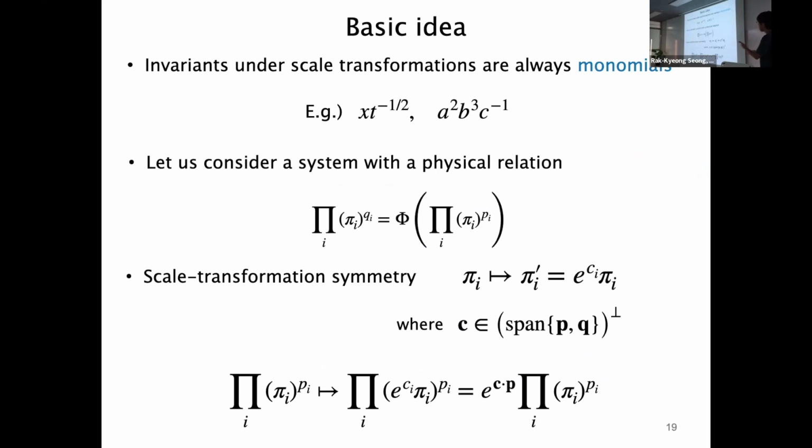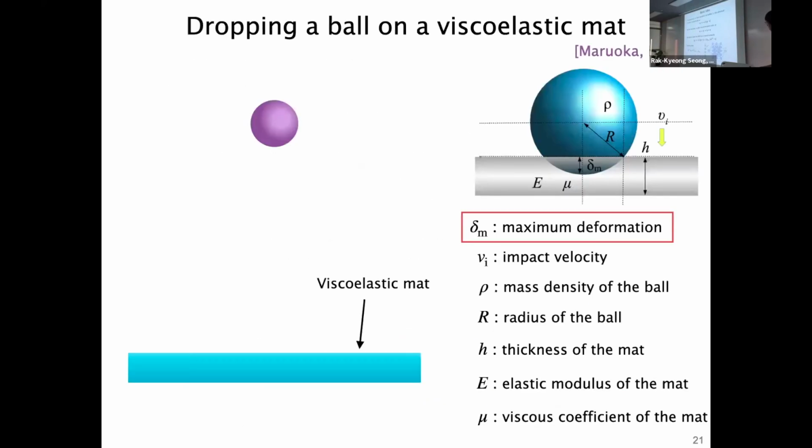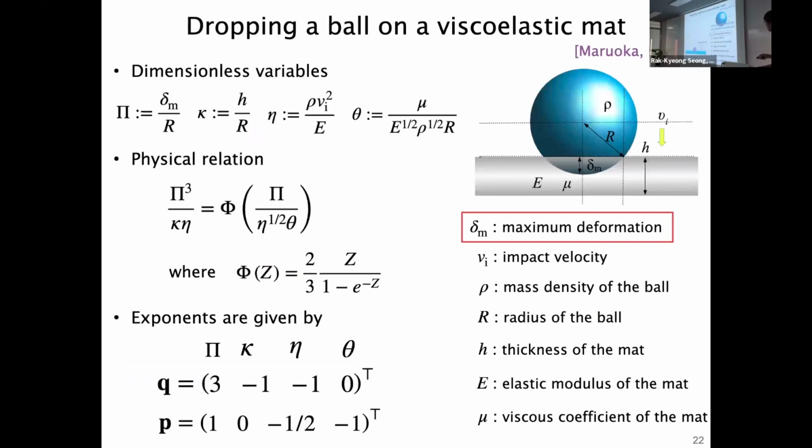The individual choice of P and Q might change, but it doesn't affect. This symmetry is determined by the choice of a vector space, and as long as the vector space is unchanged, we can find the same scale transformation symmetry. So what I'm saying is that the apparent arbitrariness to describe the system does not affect the physical content of the scale transformation symmetry.